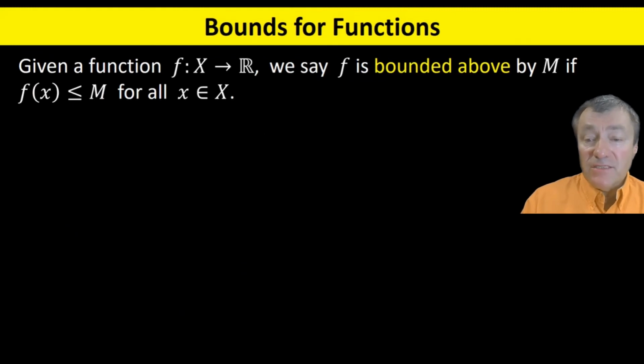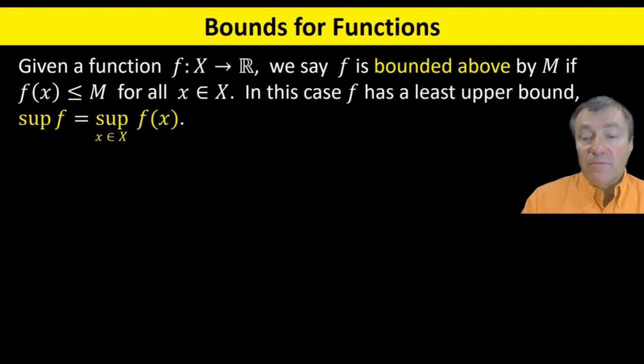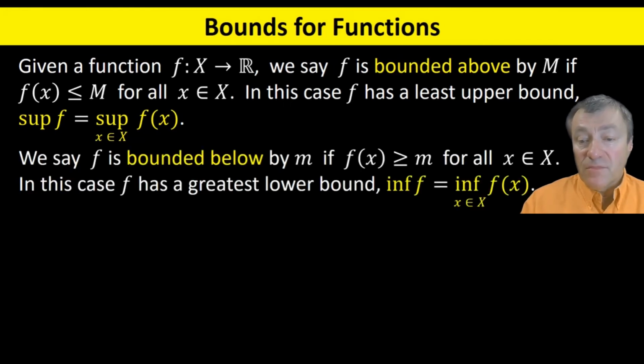As well as bounding sets, we can talk about bounding functions. Given a real valued function f, we say f is bounded above if its set of values as a subset of the reals is bounded above. So this is not a new concept, just another way of applying the terminology. In this case, we talk about the supremum of the function, which is the supremum of its set of values. Similarly, we talk about a function being bounded below if its set of values is bounded below.